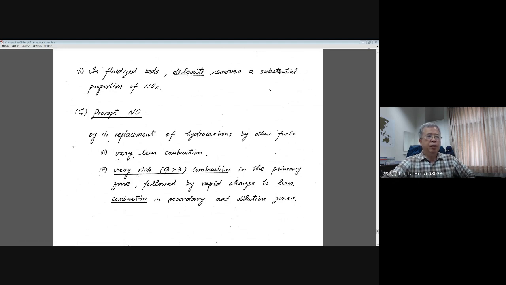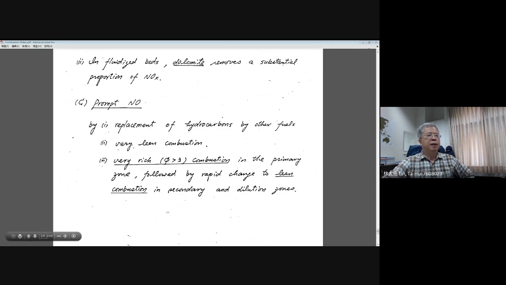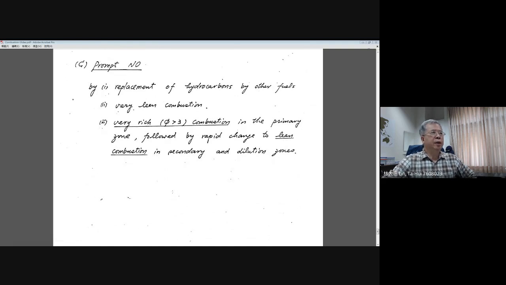This is very similar to the stage combustion. Initially, you burn in rich conditions, then you go back to lean combustion. Okay. Now, I think we end with these slides.